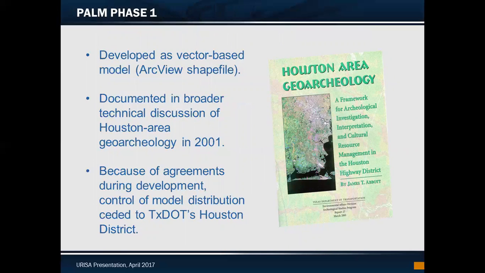The model was released in 2001. It was vector-based, and because of agreements, it belongs to TxDOT's Houston district. So it really didn't make it out into the general community, except as maps produced by the Houston district and distributed.